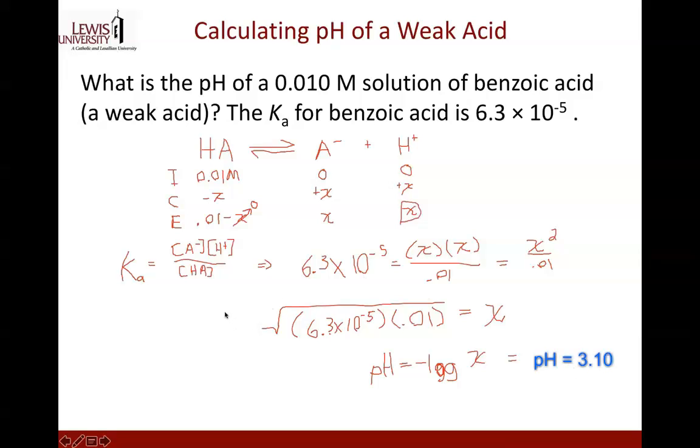So you can do this for any weak acid. For every weak acid we work with here, the Ka value is going to be so small that X is going to be negligible, which means you can always neglect it in your final formula.